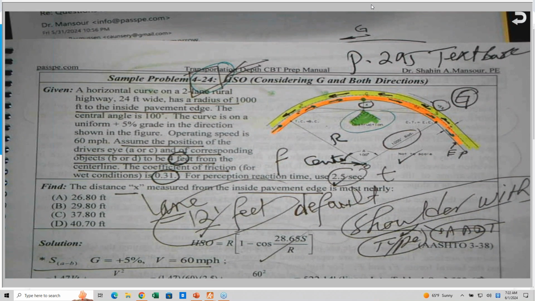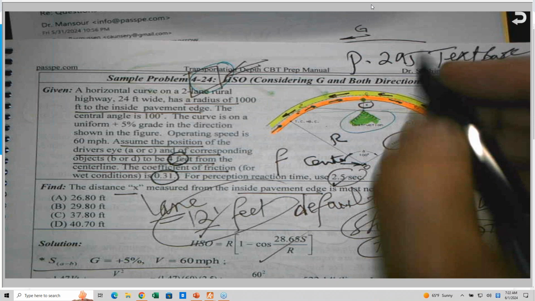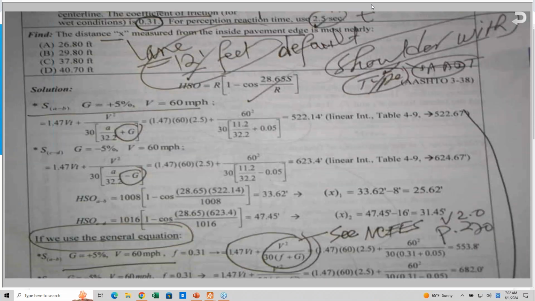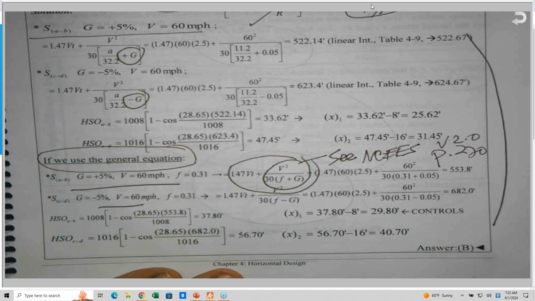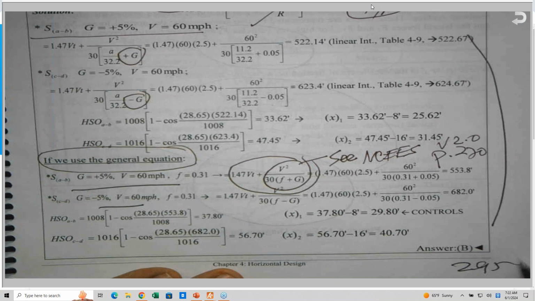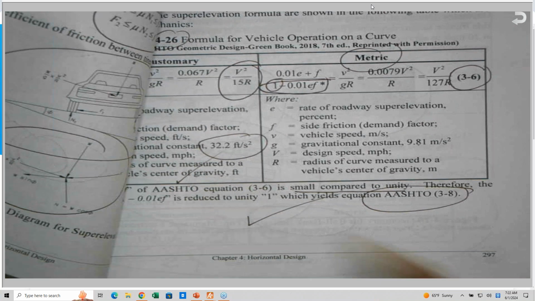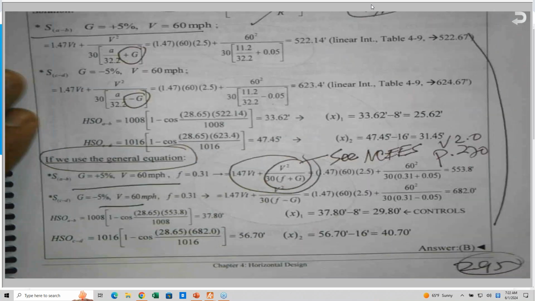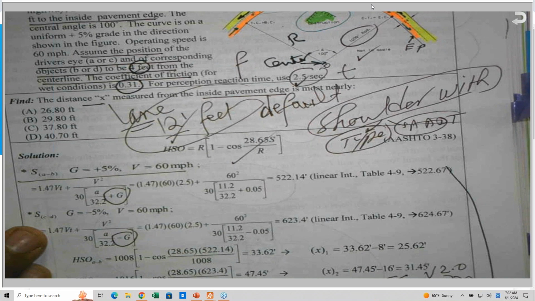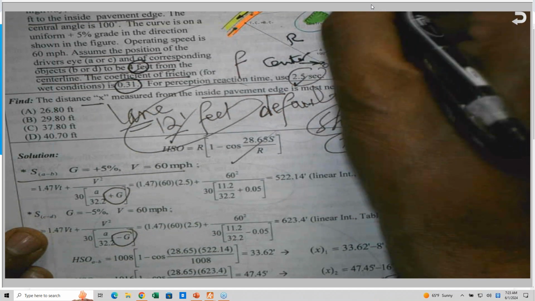Did I say 295? That's correct, 295, because for some reason this page has no page number. The following pages are 296, 297. This page is missing for some reason, and I'm sorry for that. But this is the problem on page 295 of the textbook.